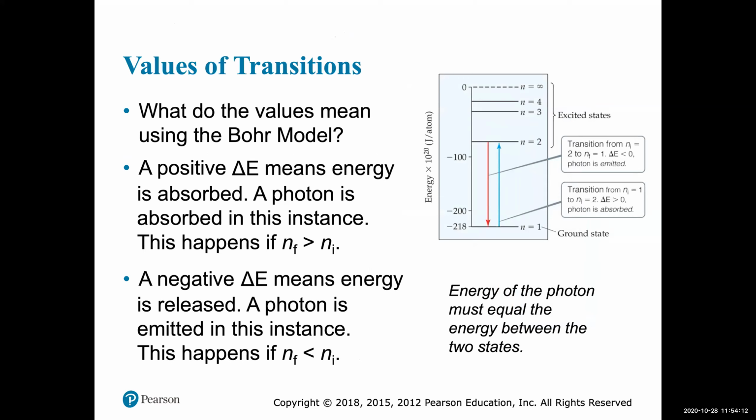If the energy change is positive, so final is greater than initial, that means energy was absorbed. So in this discussion, that means a photon is absorbed. If it's negative, if the final is less than the initial, then that means energy has been released, and you get emission of the photon. That energy of the photon always equals the energy between the two states. If it's not the right amount of energy, then this doesn't work.